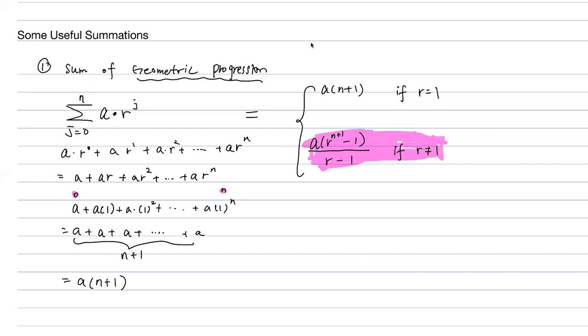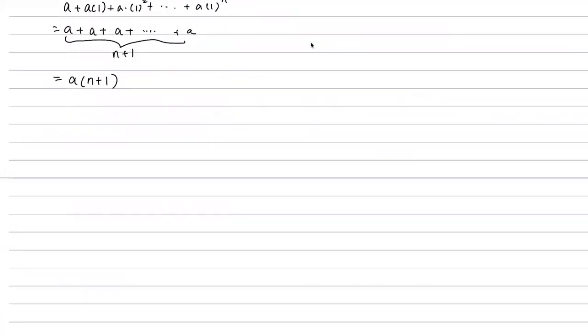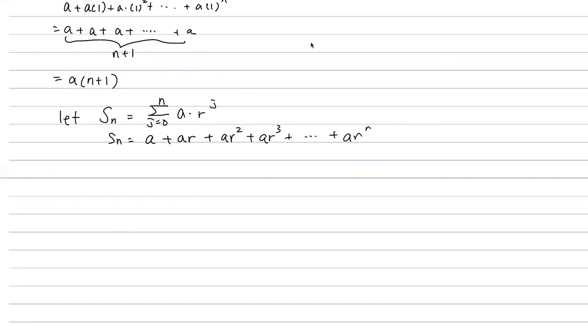As follows, we're going to let s of n represent the sum of the sequence. So s of n is equal to the summation of j from 0 to n of a times r to the j's power. So my s of n is equal to a plus ar plus ar squared plus ar cubed plus dot dot dot plus ar to the nth power.